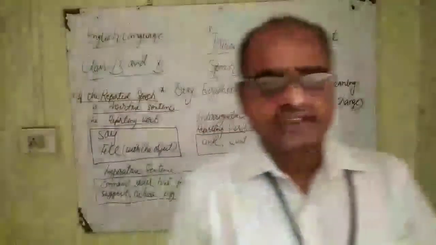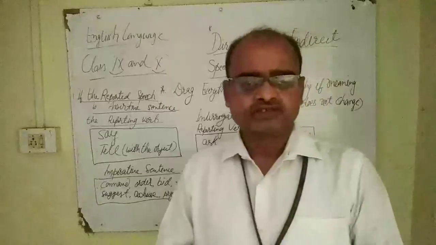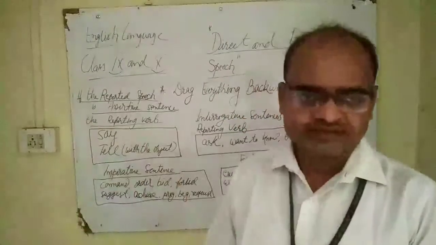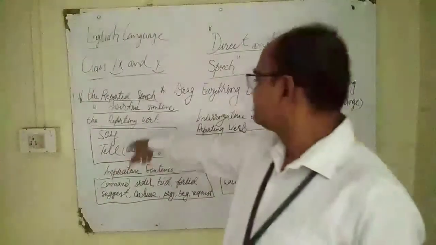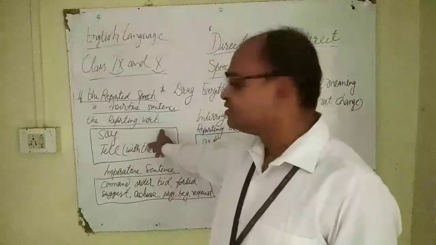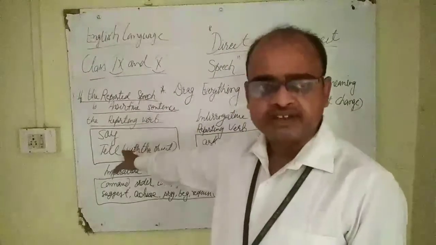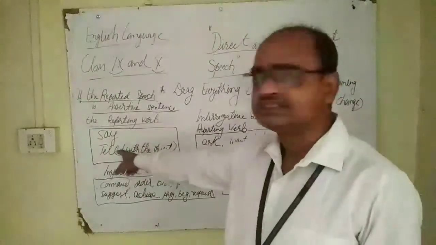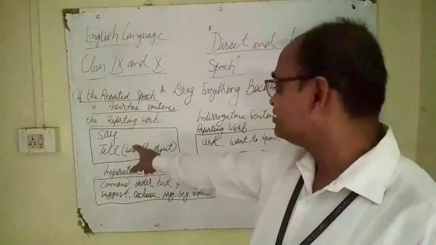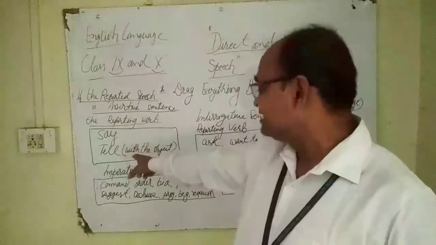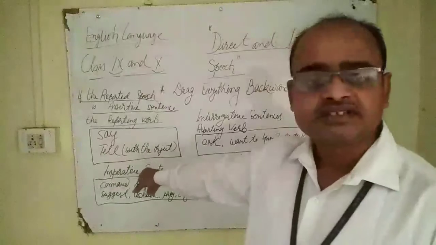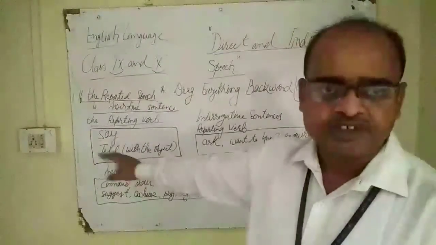If the reported speech is an assertive sentence, the reporting verb will be chosen from the list: say, tell. But when you use tell, you have to use an object after it.